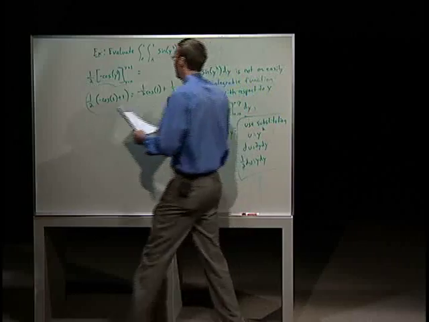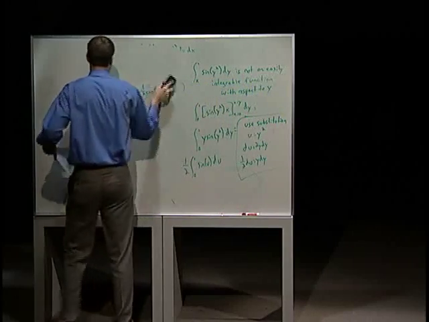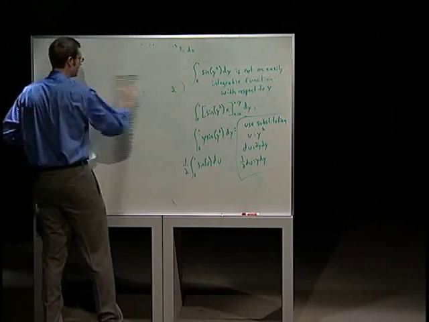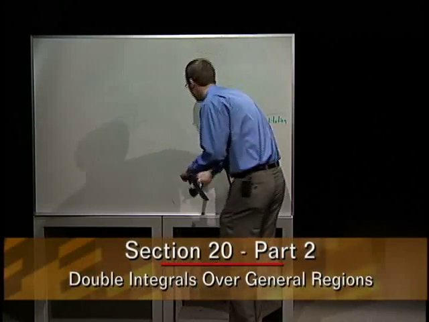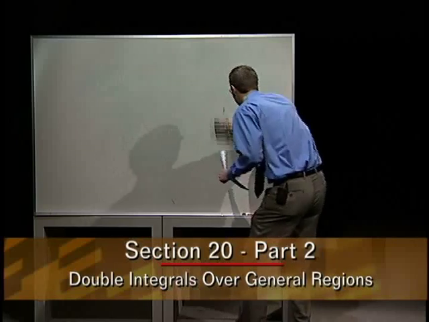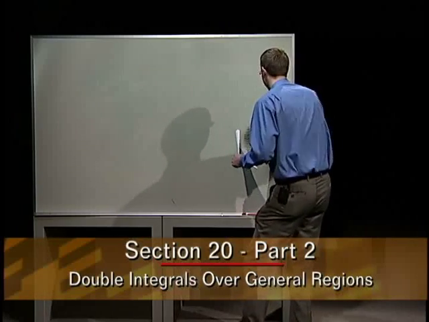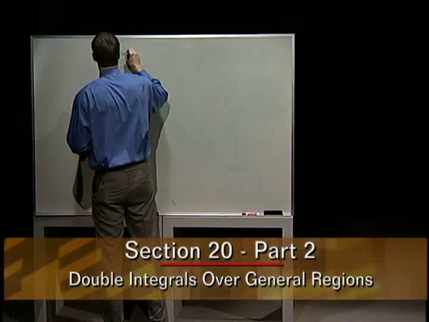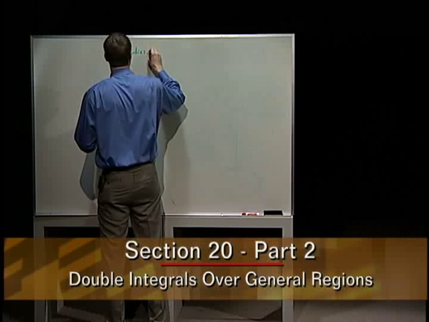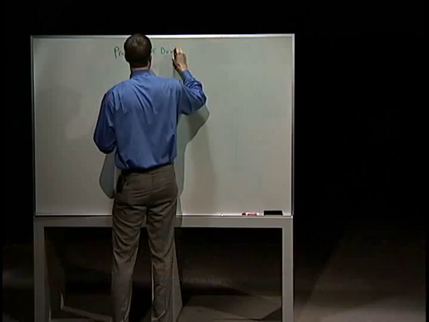Okay, so a couple properties of double integrals to go over, and these are not so very surprising, but they can come in handy from time to time. So properties of double integrals.